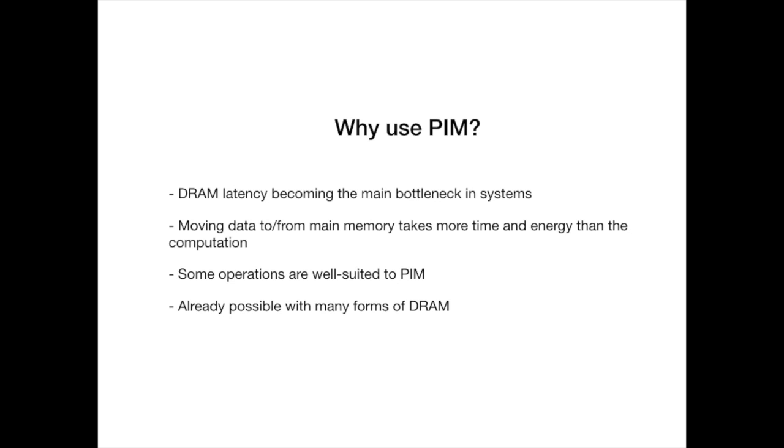In particular, modern 3D DRAM includes very high internal bandwidth, and oftentimes there's even an internal logic layer included in the DRAM, which we can use, and we'll go into more detail on that later as well. Making use of this logic layer will be the main focus of the techniques presented in this survey paper.